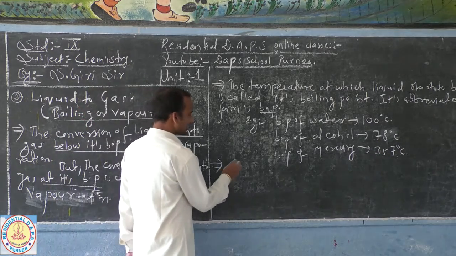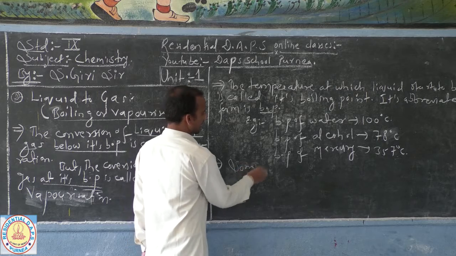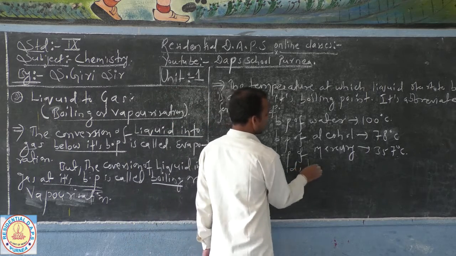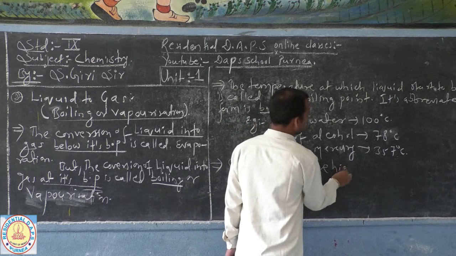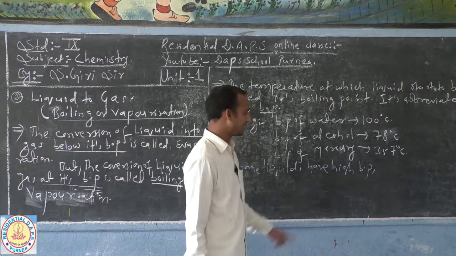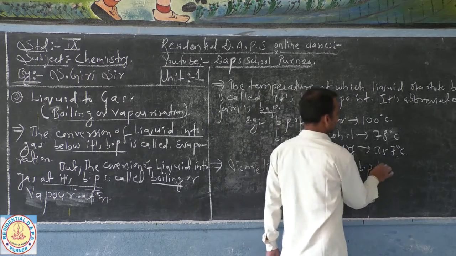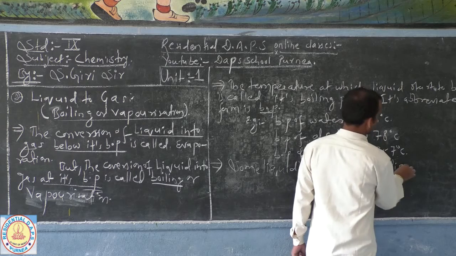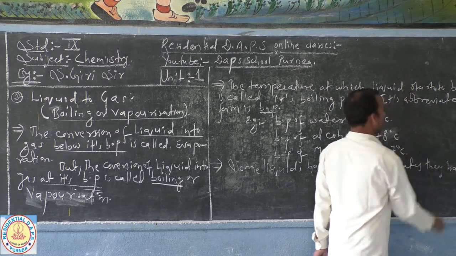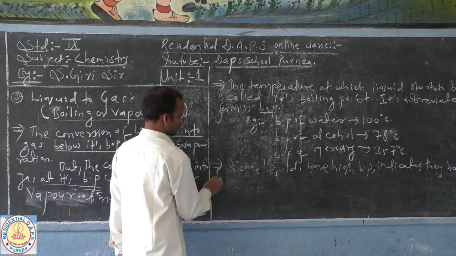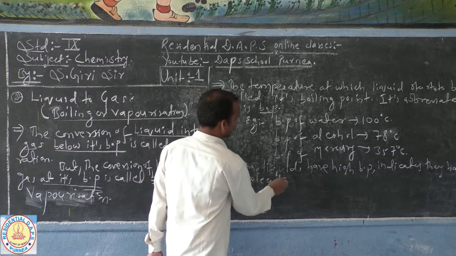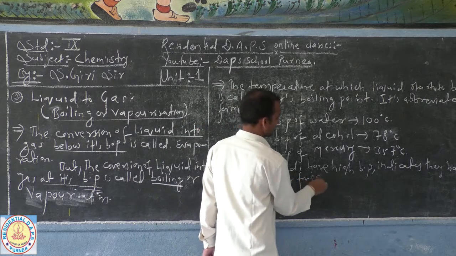Now from here we can see some liquids have a higher boiling point. What does it indicate? It indicates that they have high molecular force of attraction.